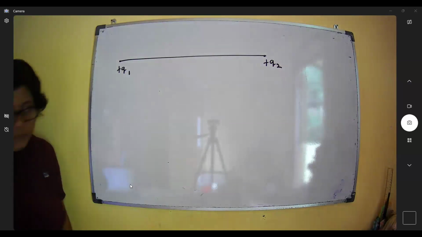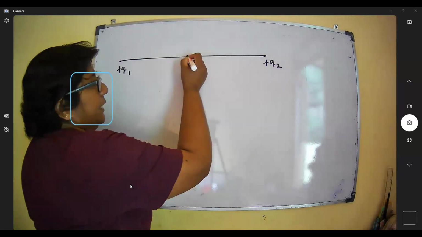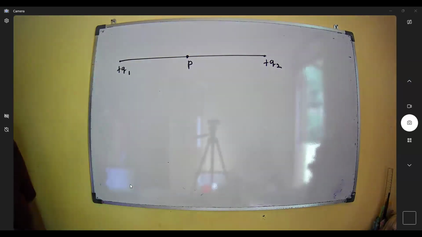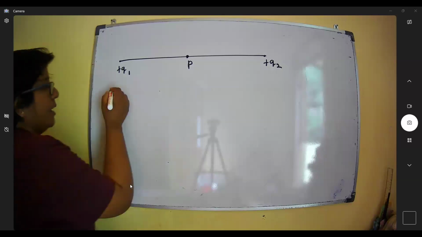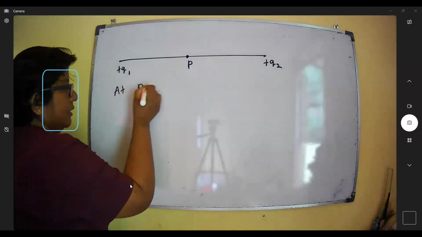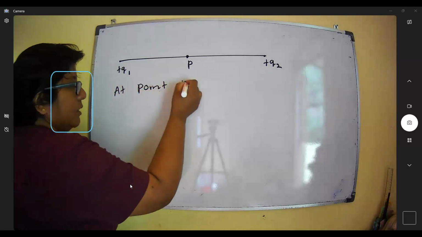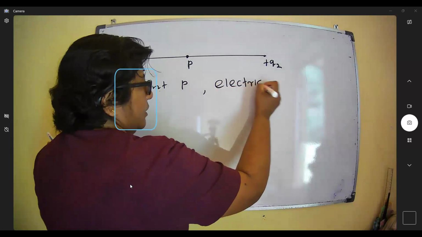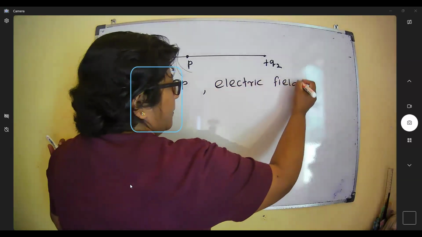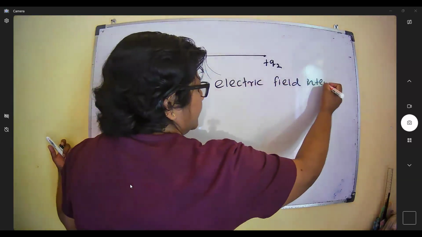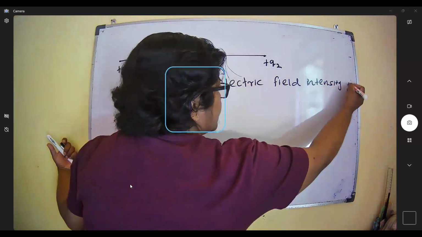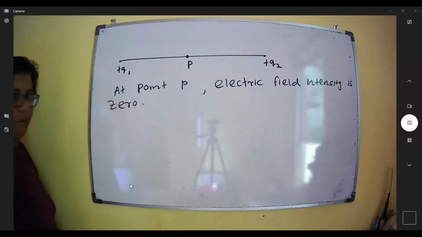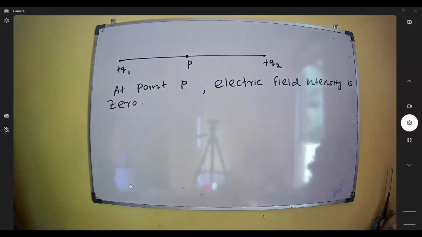I am taking this as the point P. I assume at point P the electric field intensity is 0.